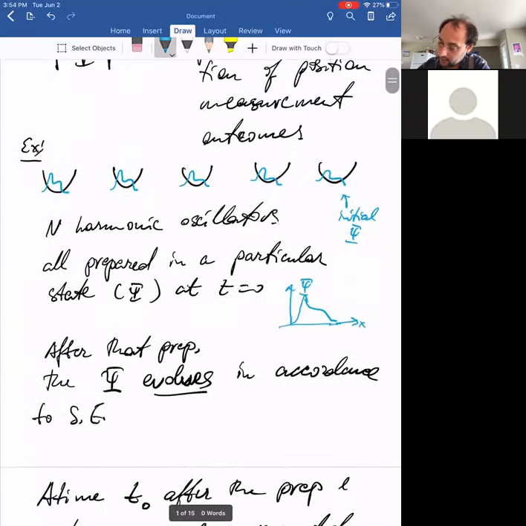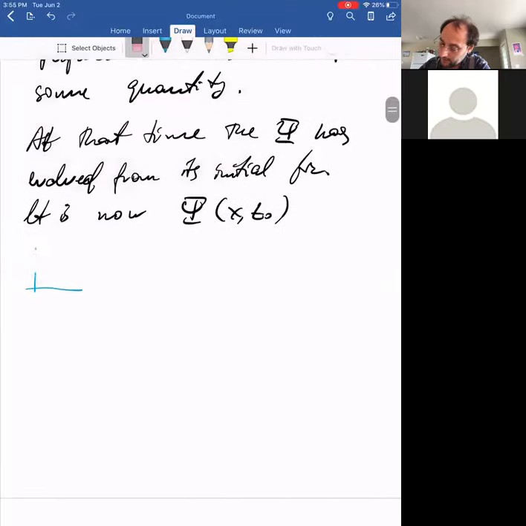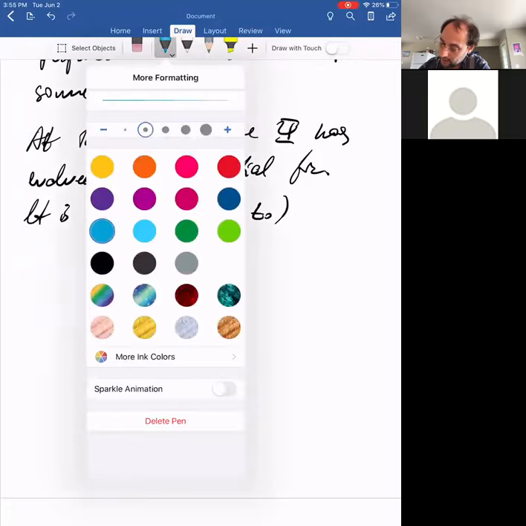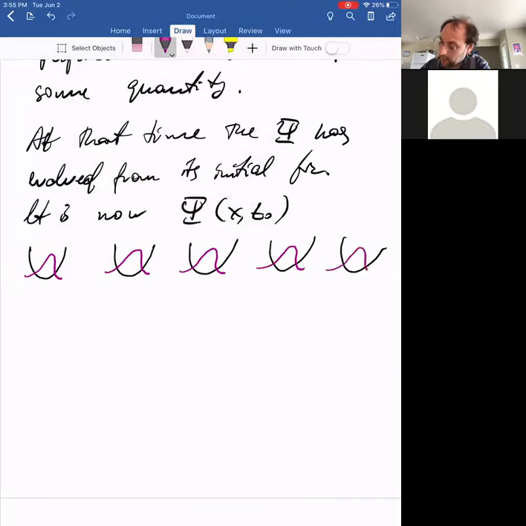So here are my 5 replicas of my harmonic oscillator. And now let's say it looks like this. It has evolved. It's not the same as what it was to begin with.